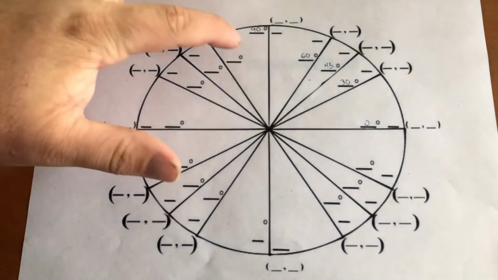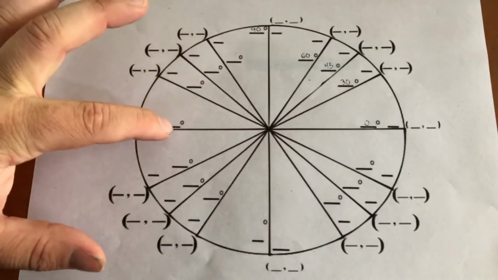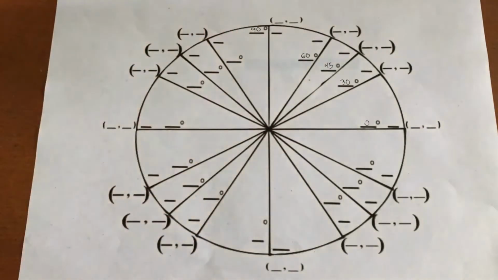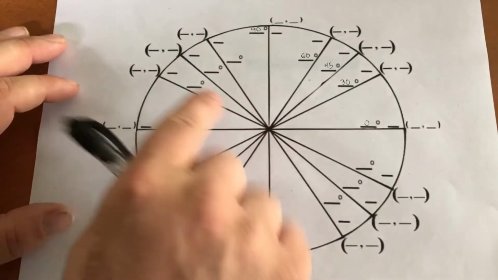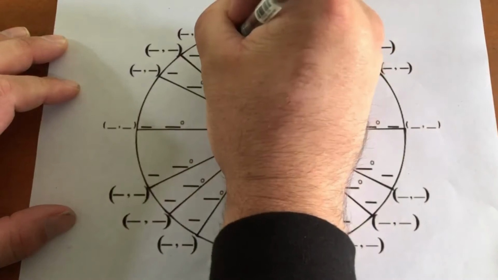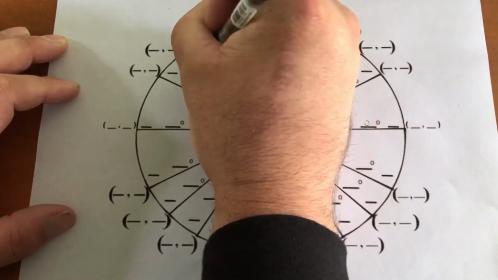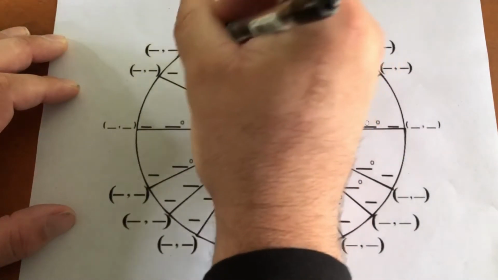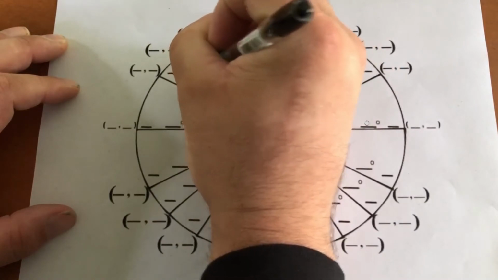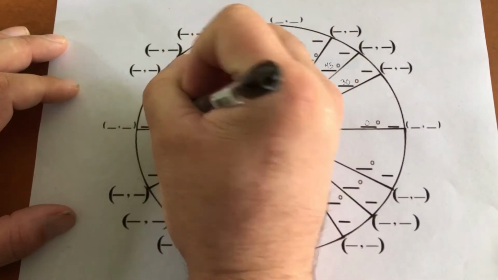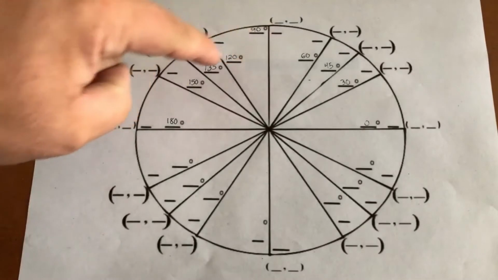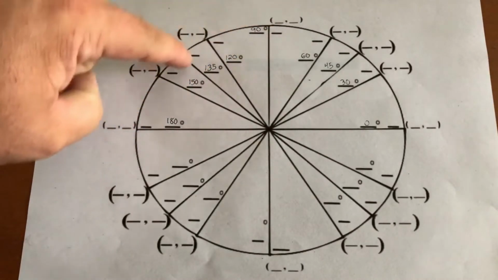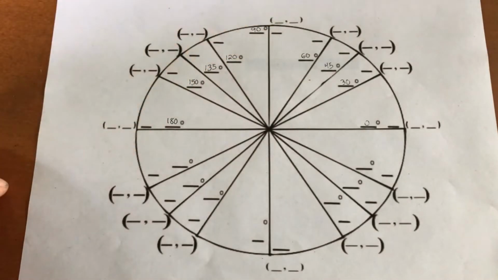So each one of these is going up by 30, and each one in the middle is going up by 45. All right, so if I keep filling it in, so we got 120, 135, 150, 180. So I added 30, 30, 30, 45, 45. All right, so I can keep going.